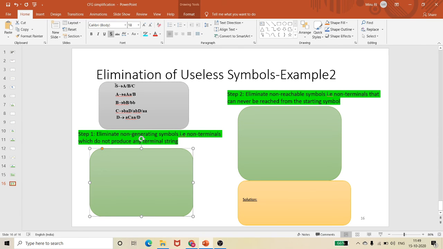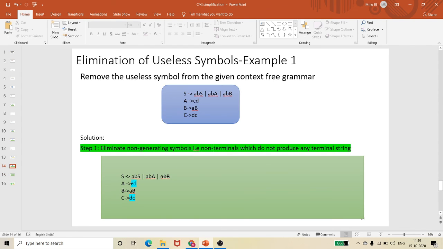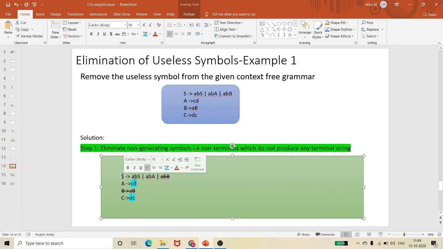So the first thing is that let me copy paste it here. We need to identify the non-generative symbols. As I specified, a generative symbol is one which gives some terminal. Already in the last example I want to tell you something: while checking for non-generative symbols, even the start symbol was not giving any terminals.